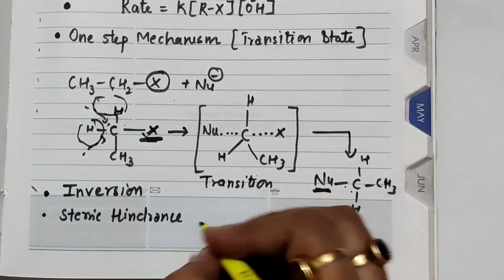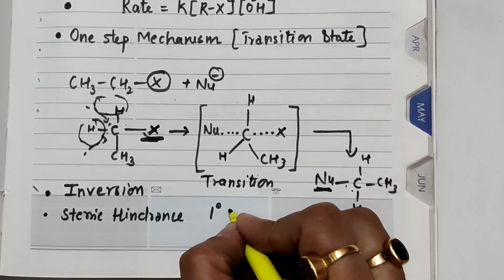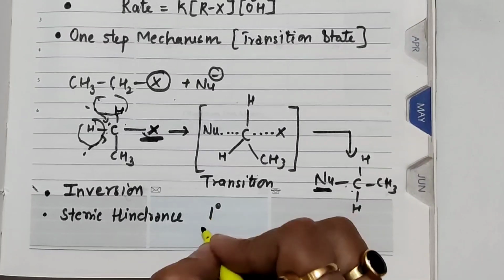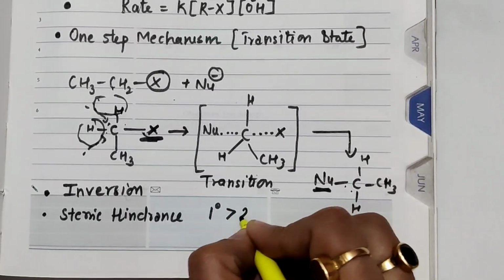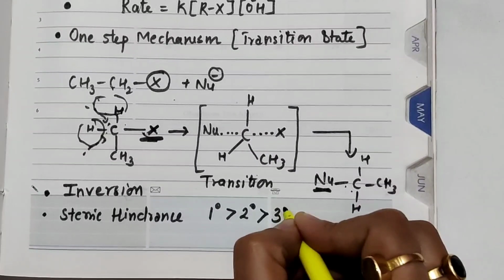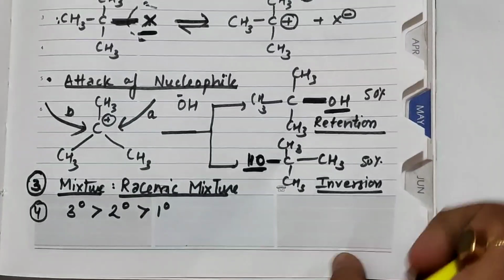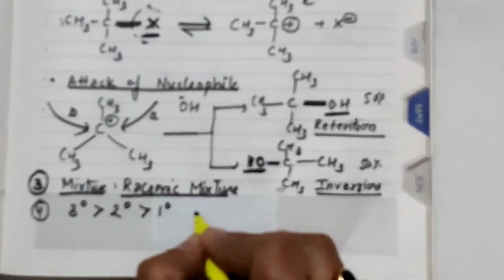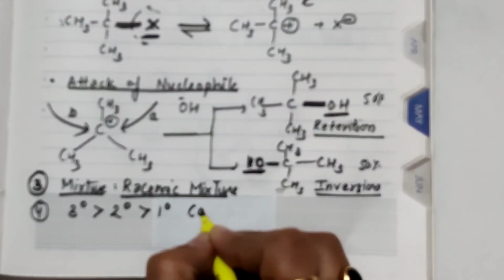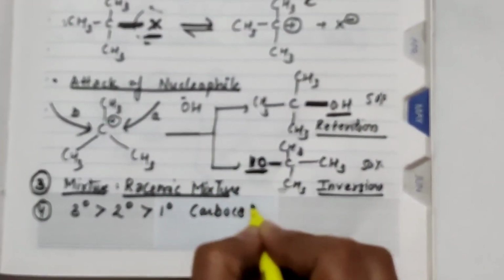और सबसे कम स्टेरिक हिंड्रेंस किस में होती है? 1 डिग्री. So the reactivity of 1 degree will be greater than that of 2 degree, than that of 3 degree. For example, in this case, it is controlled by the stability of the carbocation, where the more stable carbocation is 3 degree.